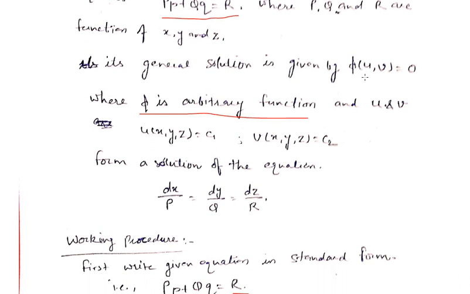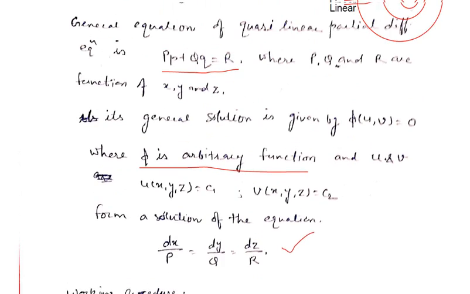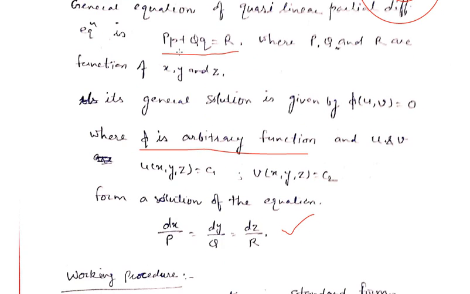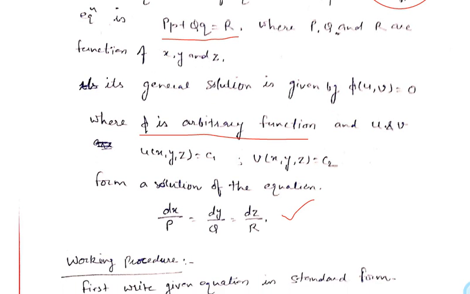So u and v are solutions of this equation. These can be obtained by solving dx upon P is equal to dy upon Q is equal to dz upon R, where capital P, Q and R are the coefficient of small p, the coefficient of small q and the right hand part respectively in the quasi-linear partial differential equation.